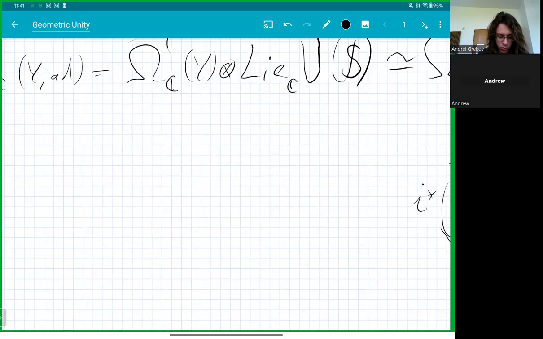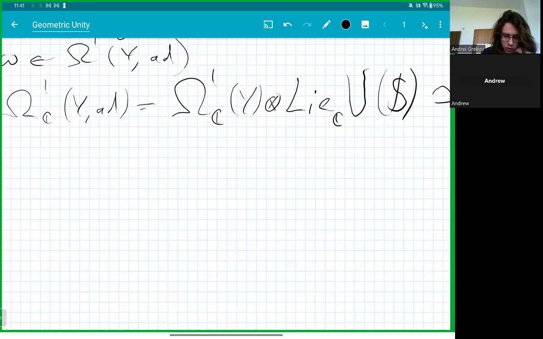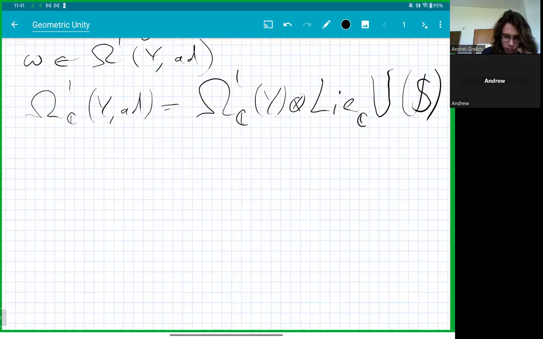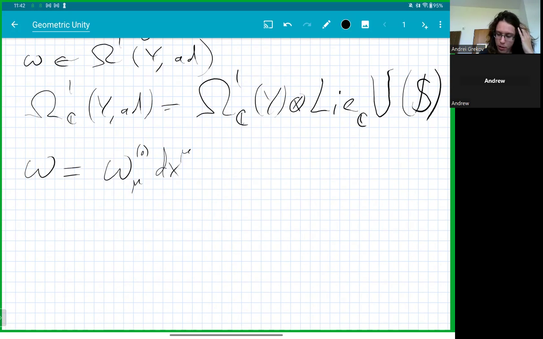So in coordinates, what does it mean? That we take this omega and we write an expansion like this. Omega is a one form, right? So the zero term looks like this.